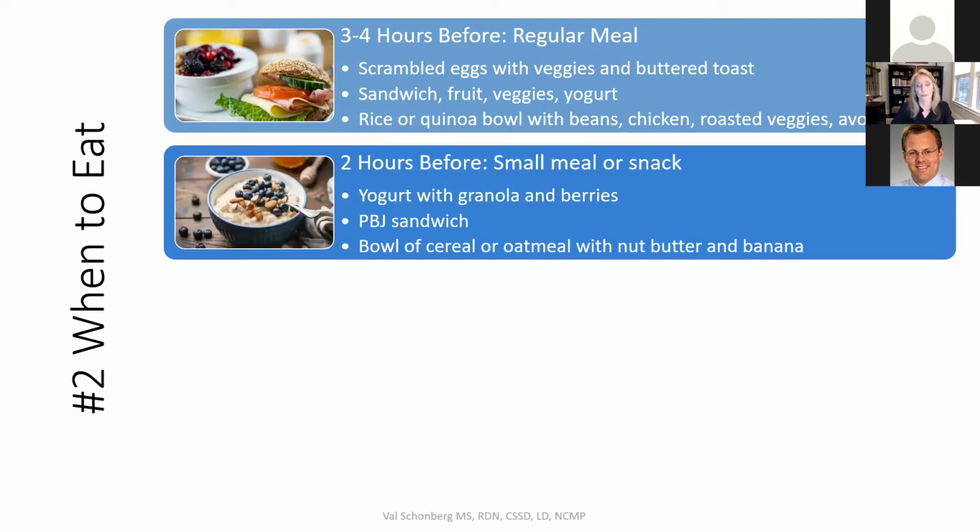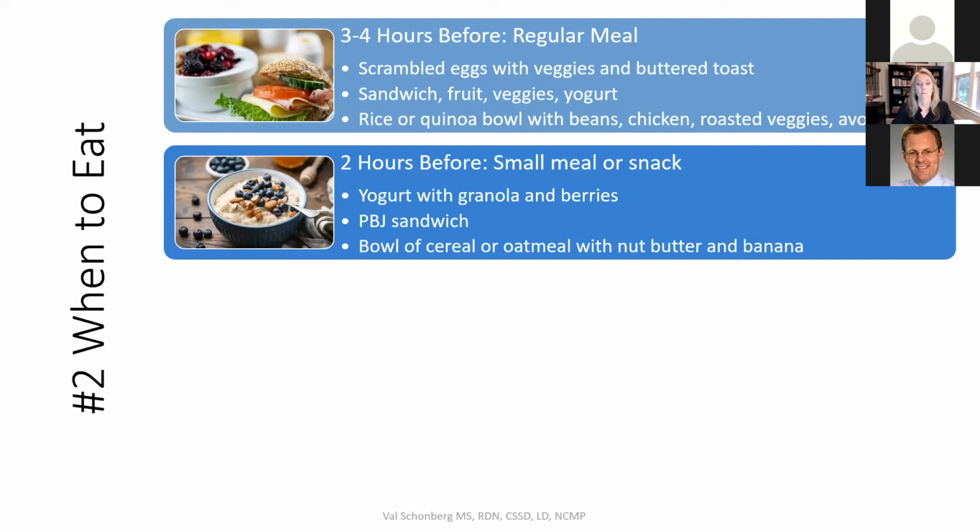And then if it's a situation where it's a couple hours before and you still need to make sure you have something to eat, this might be in between performances. So you're just getting done with a performance and then you have a couple hours before you perform again, and you really need to not only recover and refuel, but also ensure that you're fueling for the next activity.